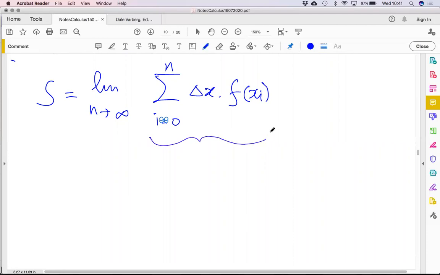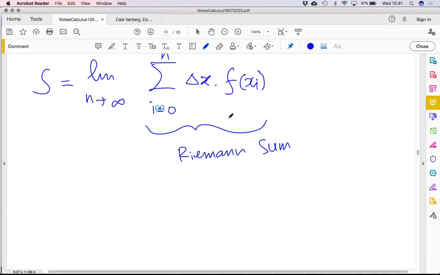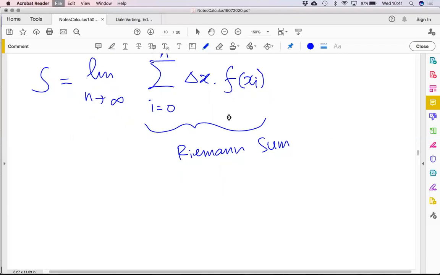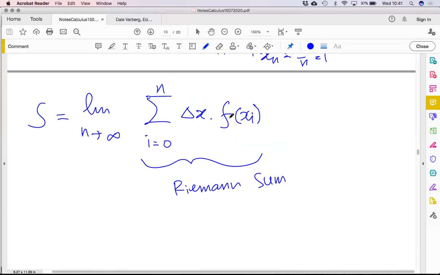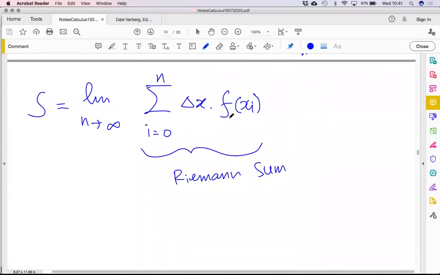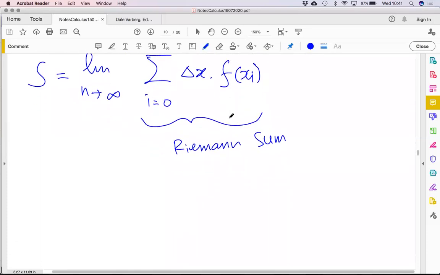This sum is called the Riemann sum. The Riemann sum is this value. Riemann is the name of the founder of this method. His name is Bernhard Riemann, and he introduced this approach to calculate the area below the curve.